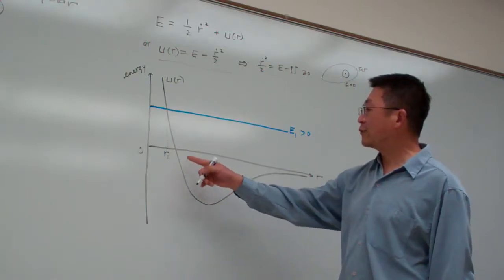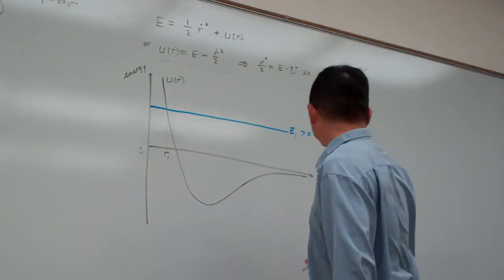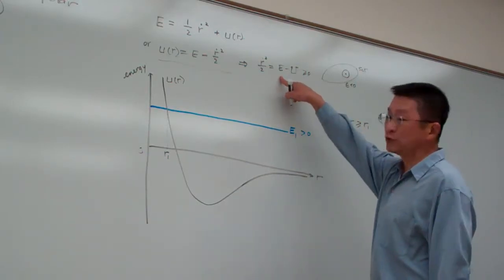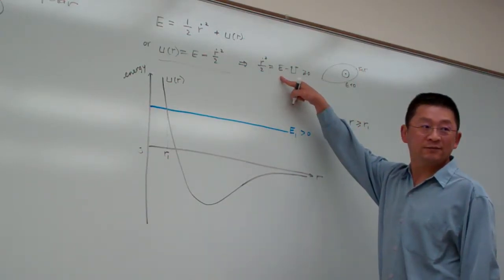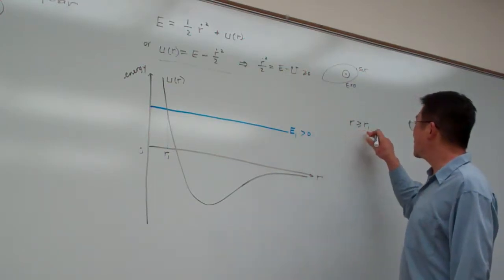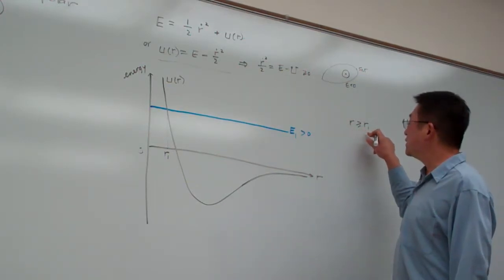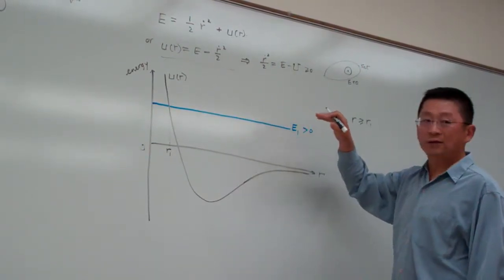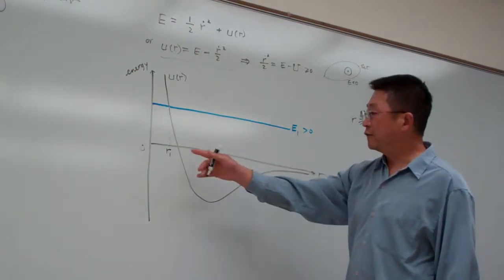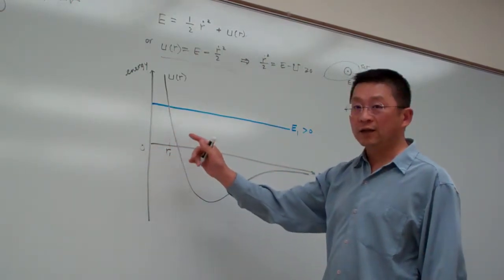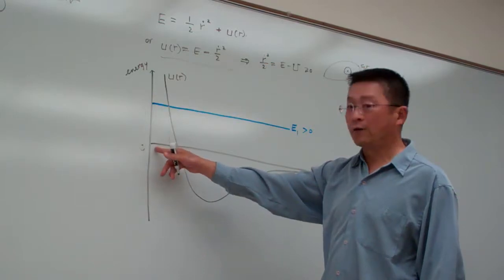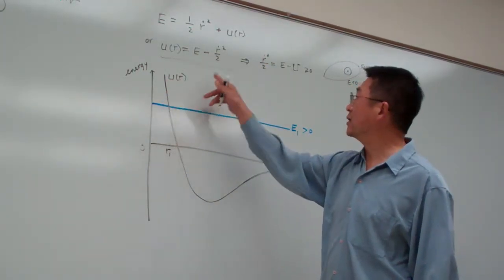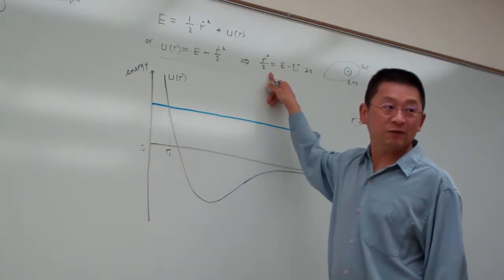So all values R greater than R1 make this relation legitimate. This is the feasible region of motion the object can achieve. If the object wants to go to any location smaller than R1, no, because in that case U is greater than E, and that will violate this relation.